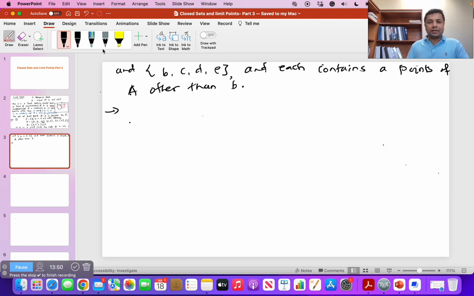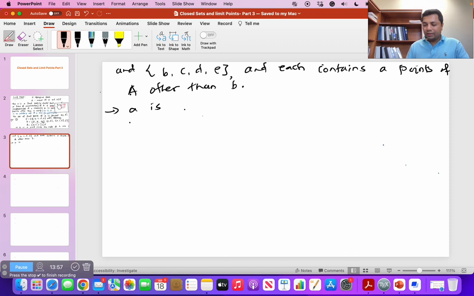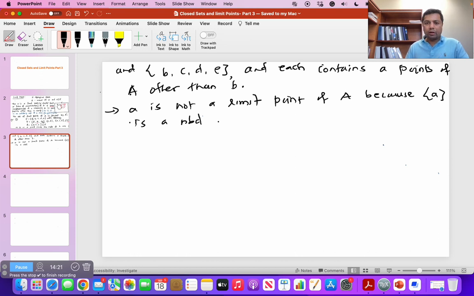So let me write that down here. A is not a limit point of A, because the singleton set {a} is a neighborhood of a and intersects the set A only at the element a itself.